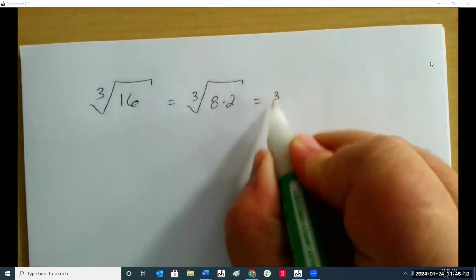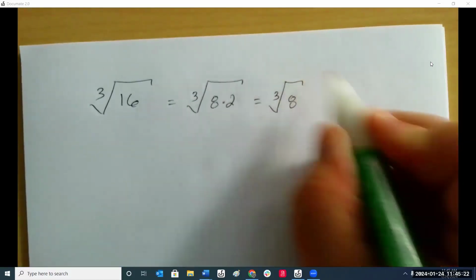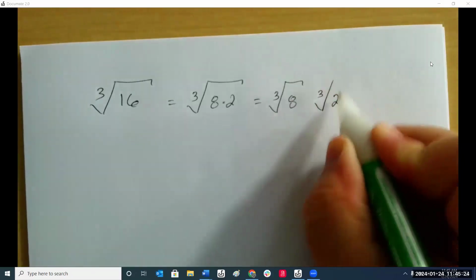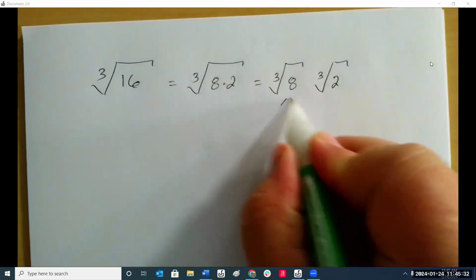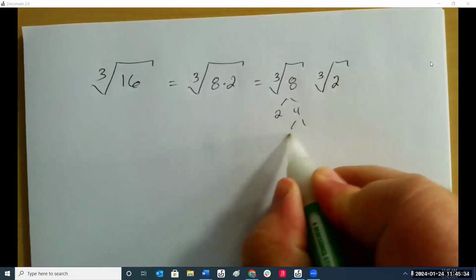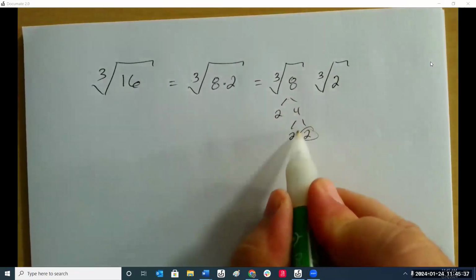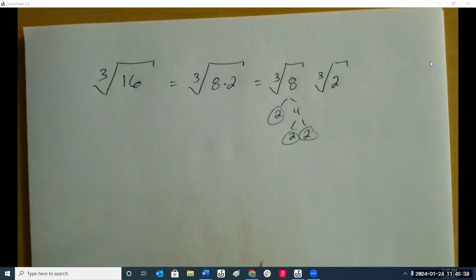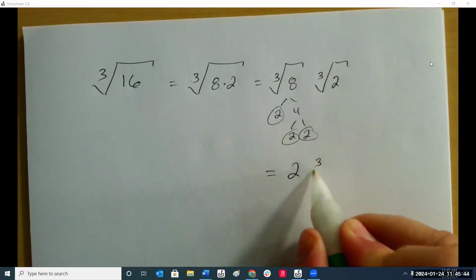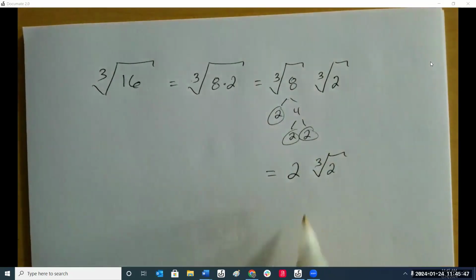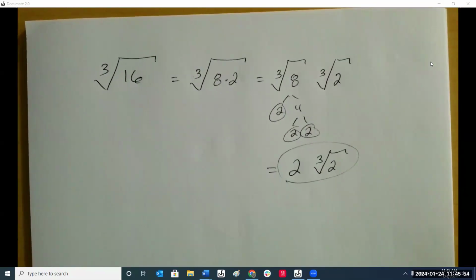You could say cube root of 8 times the cube root of 2. Why would you do that? Right, because 8 is made up of 2 times 4, and that's 2 times 2. 1, 2, 3. So the cube root of 8 is 2 with that left over. So there's your answer. We'll do a whole bunch of these types of questions.